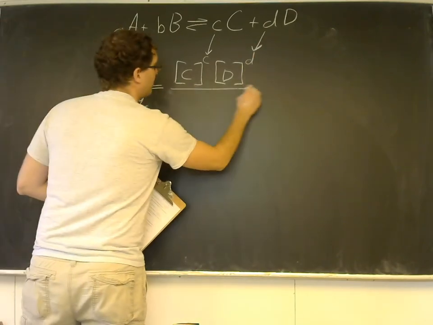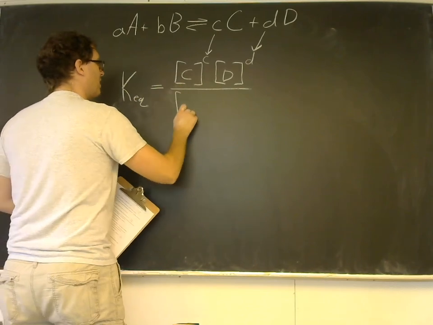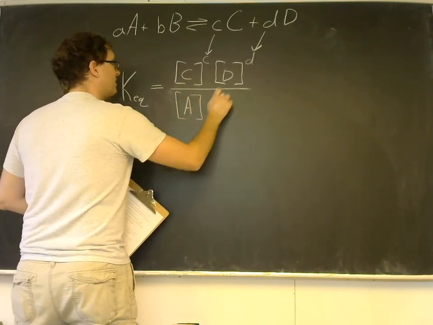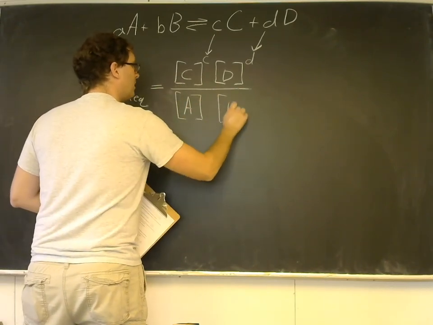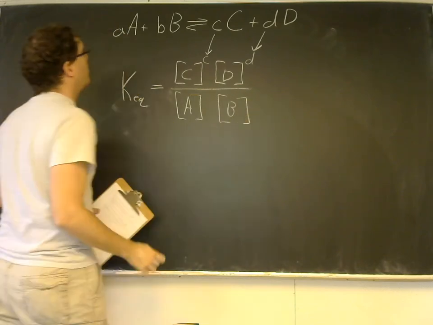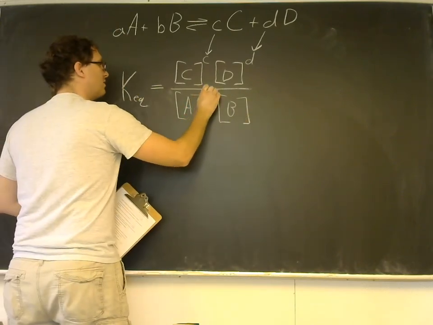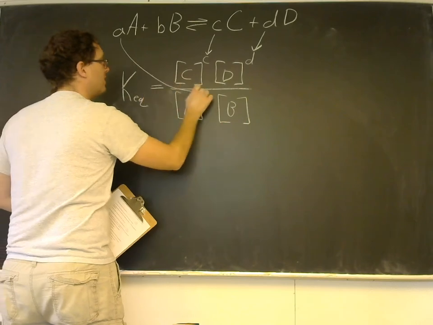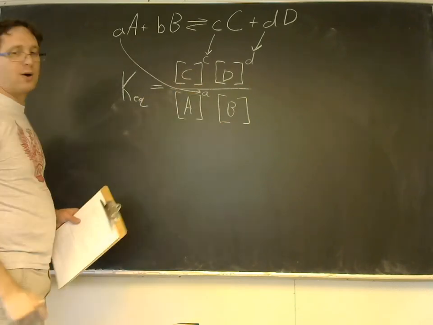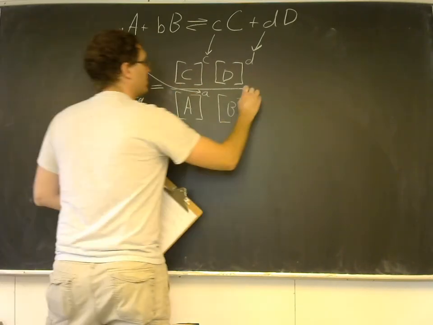And then we'll divide that by the concentrations of the reactants, and those reactant concentrations are similarly raised to the power of their stoichiometric coefficients.